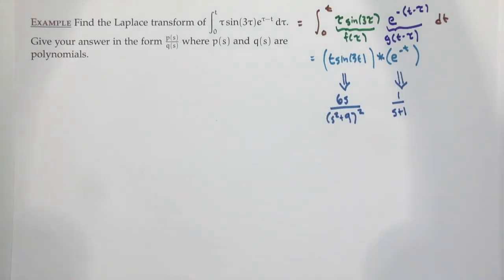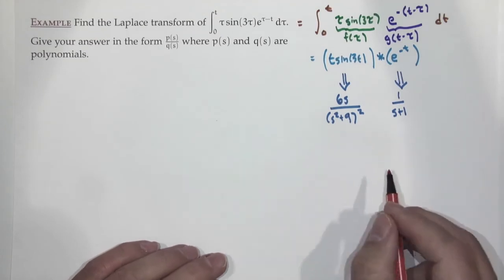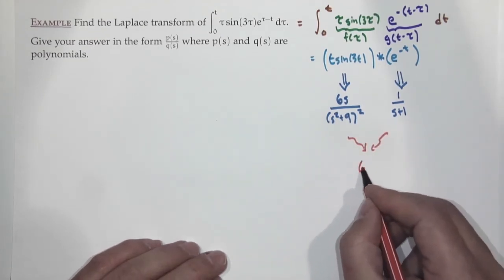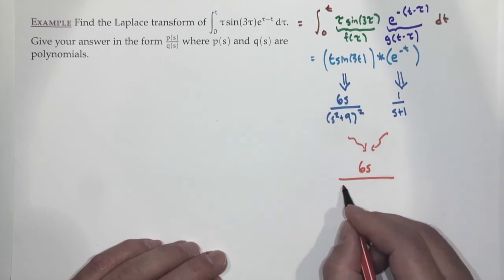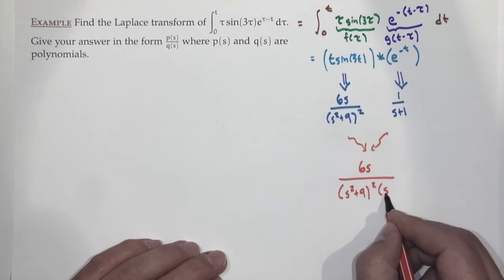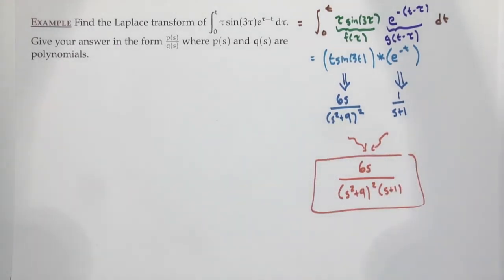So, what's our final answer? These two multiplied together. So, our final answer will be 6s divided by (s squared plus 9) squared times (s plus 1). And we're done. That's the whole problem.